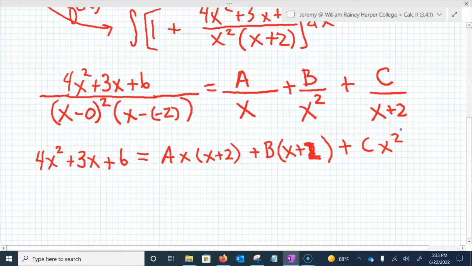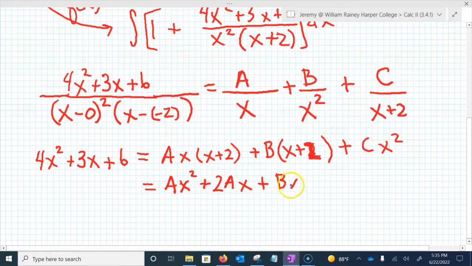Okay. Multiplying these all out, I get ax squared plus 2ax plus bx plus 2b plus cx squared.